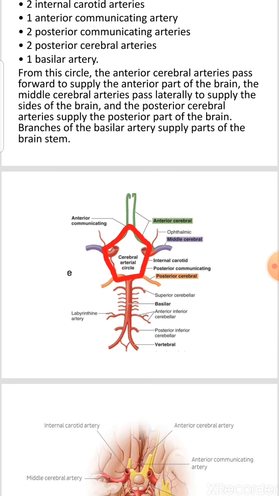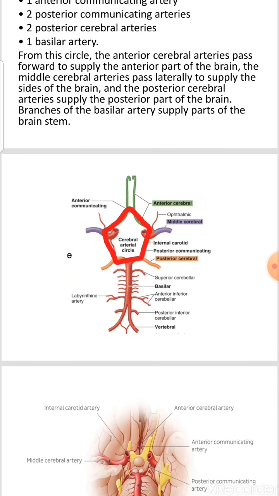If you look at this image, you can see below the two vertebral arteries coming into the brain, and these two branches are forming a single vessel known as the basilar artery.